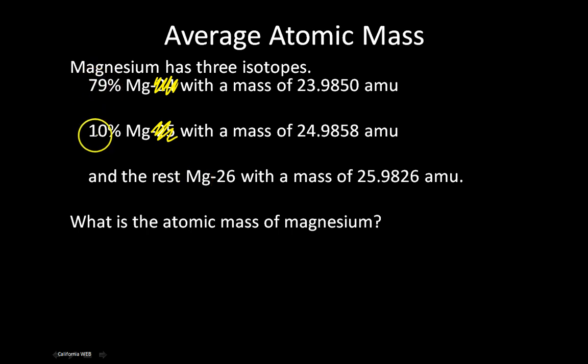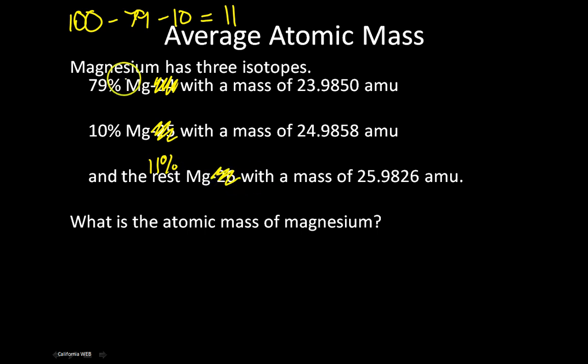And right now, 79 and 10%, that's only 89% of the total that's been accounted for. So 100 minus what we already know, 79 plus 10, well, that turns out to be 11. So the rest is 11% magnesium 26 with that exact mass.